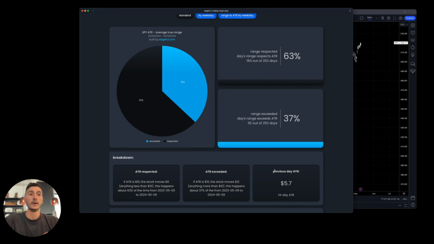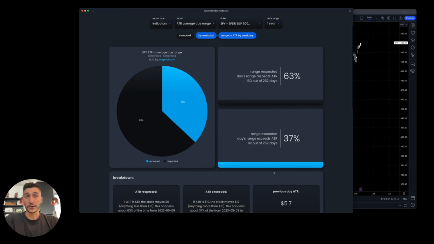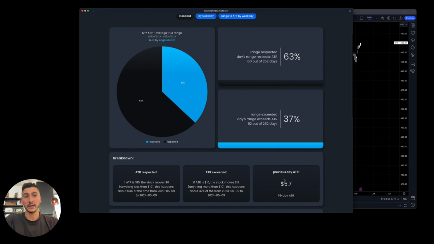In the last year, price is going to stay below this $5.70 today 63% of the time. So you always want to look at yesterday's ATR, which will always update right here, and say, I understand that 63% of the time today's high and low is going to be below this number, which means $5, $4, $3, $3.50, $5.50, it doesn't matter.